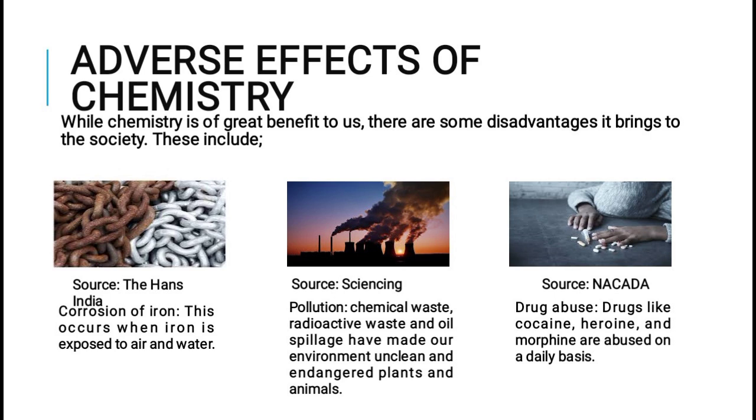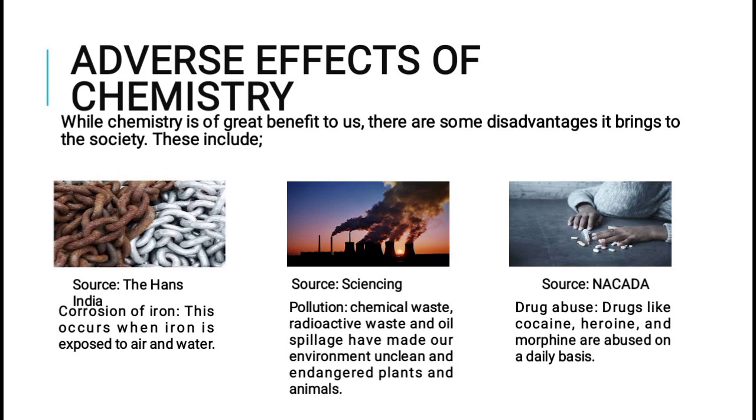This rusting can be prevented by application of protective coating, oil and greasing, galvanizing, alloying, cathodic protection, application of sacrificial metal, and so on. The next is pollution. That is one of the main adverse effects of chemical industry in the society.